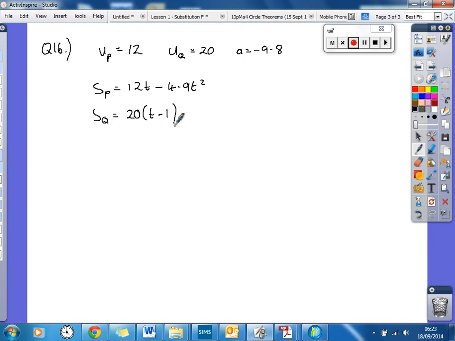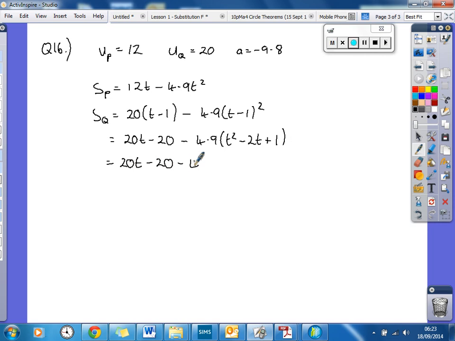My apologies if people spotted that at the start and thought, what the hell is he doing? If you did, good spot. Okay, let's expand that out. Let's simplify that.